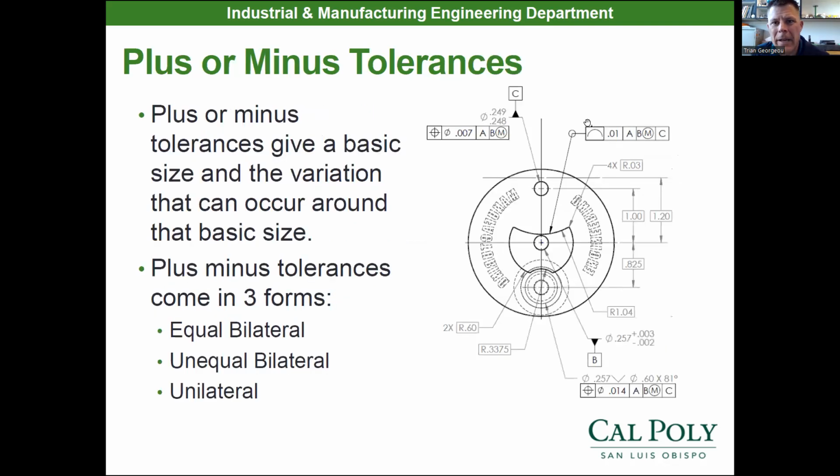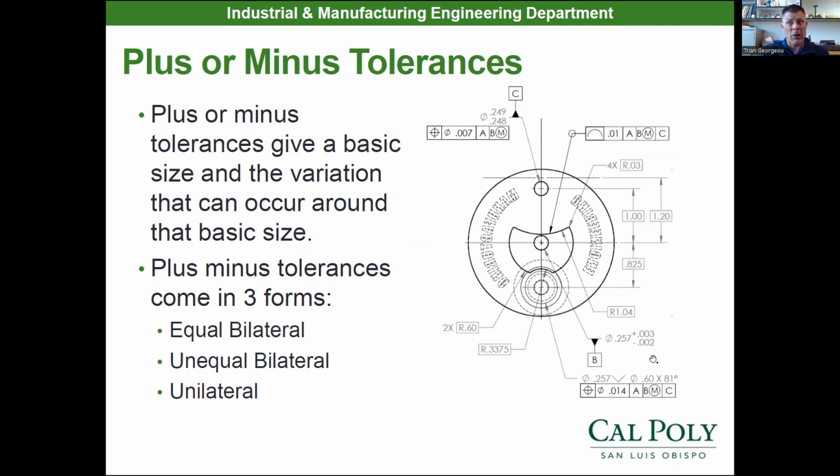The next one we've got here is the plus minus tolerance. The plus minus tolerance basically gives you the nominal dimension, and then it gives you a plus and then a minus value. For example, there's equal bilateral where it goes up and down the same amount. There's unequal bilateral, like you'll see right here on this 257 dimension, plus 3 thou minus 2 thou.